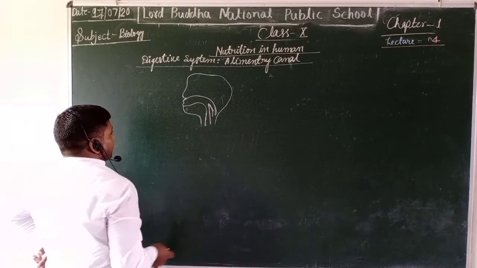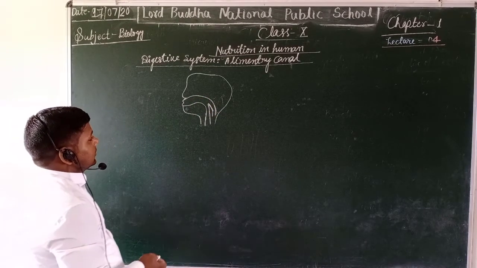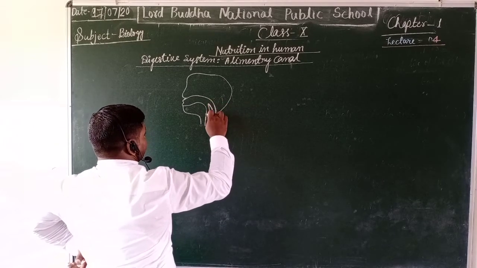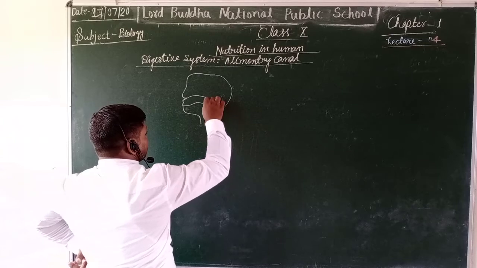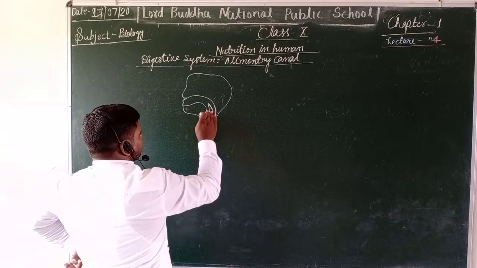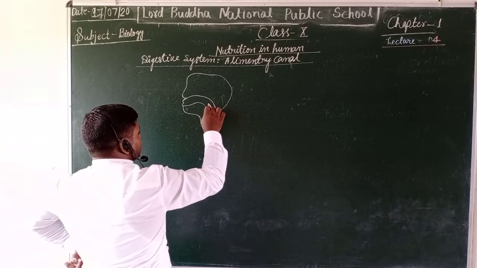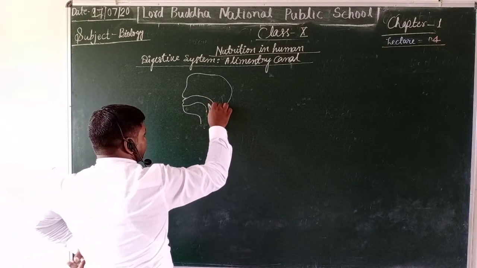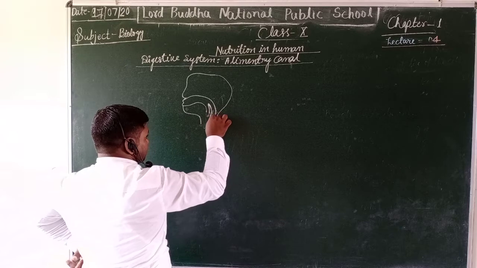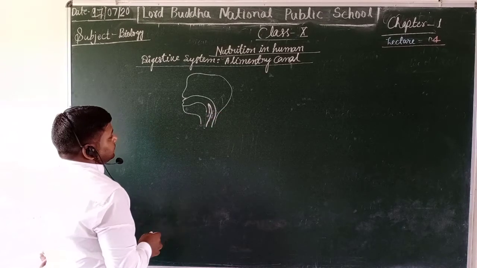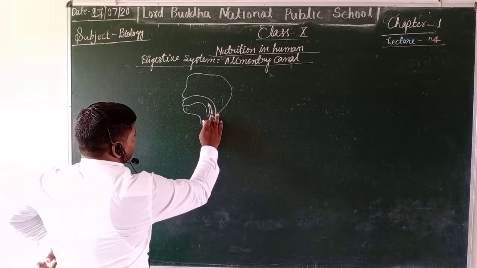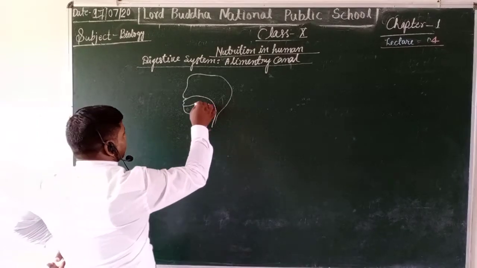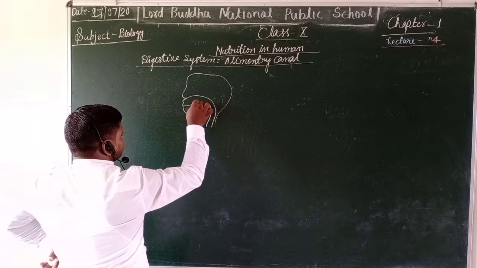This is the pharynx, which is further divided into two parts, the nasopharynx and oropharynx. Then we have to illustrate the oropharyngeal cavity, which is posteriorly present in human beings.